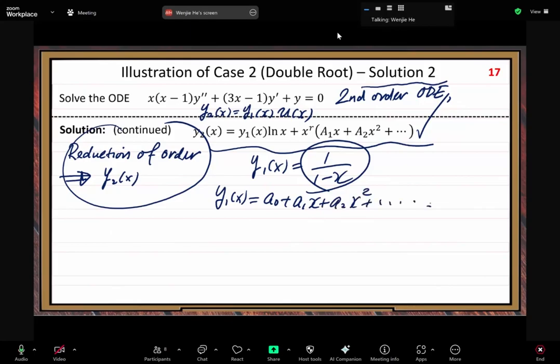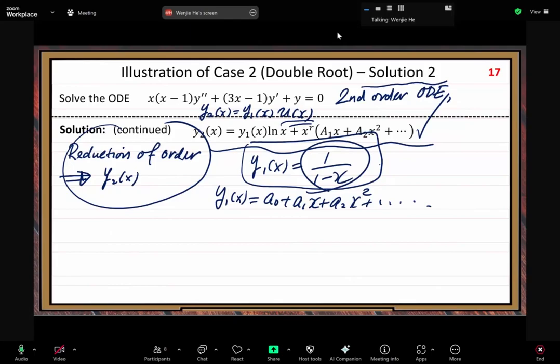How can you determine that u function? Because your y1 function has so many terms, it is very hard to determine your u function. So only when your y1 function is a simple function can you use it this way.